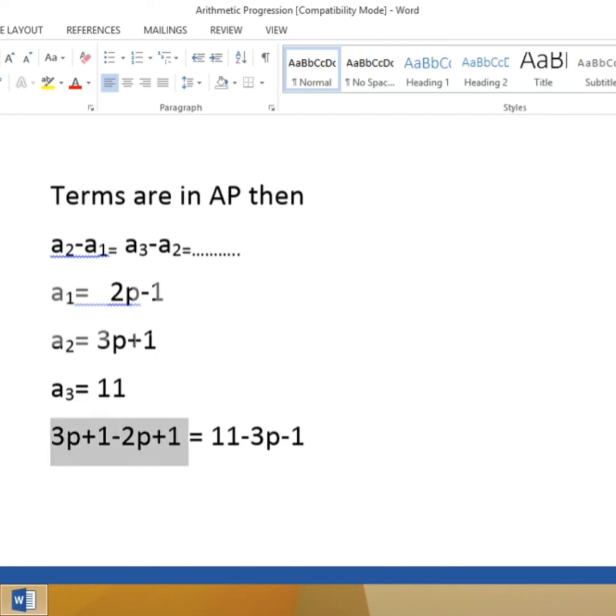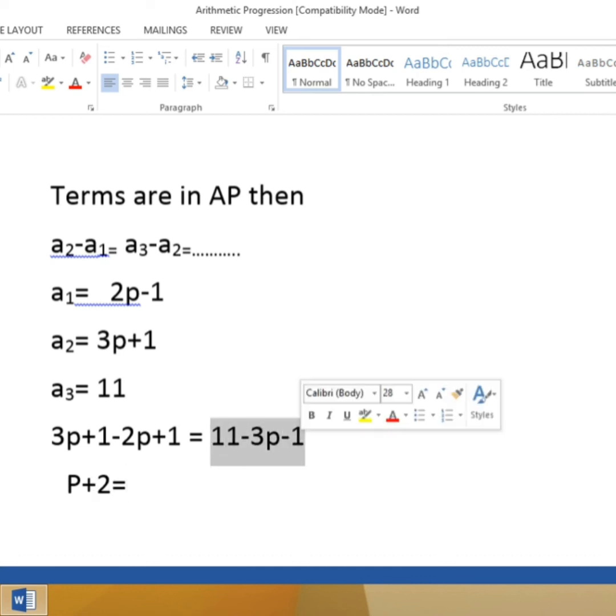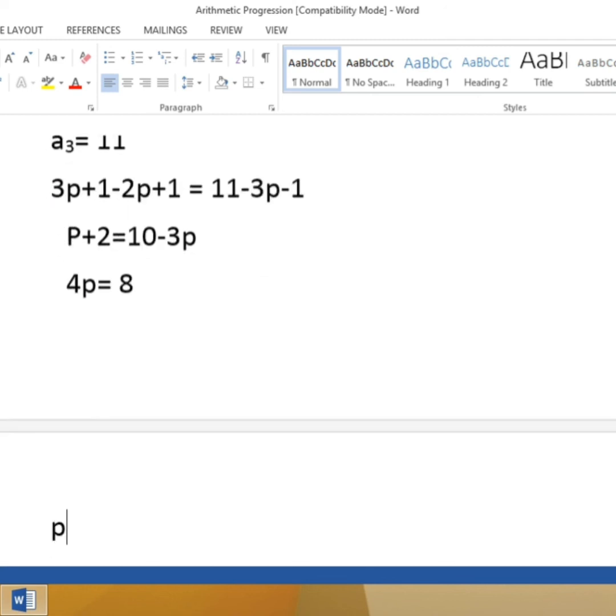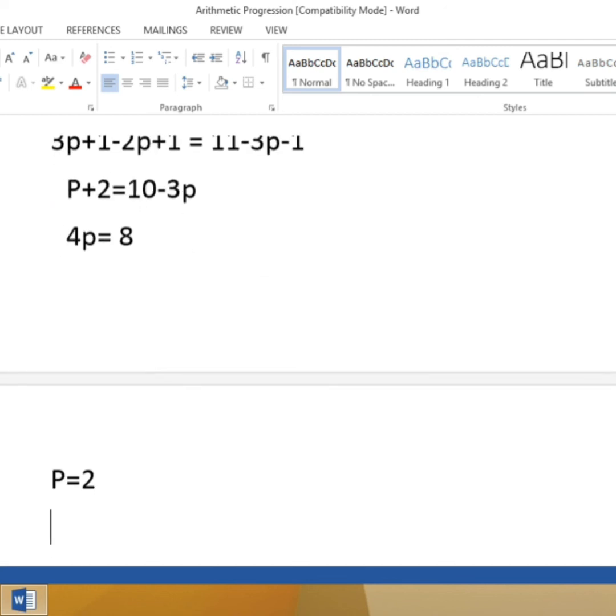On the left hand side, 3p minus 2p is p, plus 1 plus 1 is 2, so the left hand side is p plus 2, and the right hand side is 11 minus 1 is 10, so 10 minus 3p. So the 3p comes to the left hand side, it becomes 4p equal to 10 minus 2, that is 8. So 4p equal to 8, so the value of p is equal to 2.